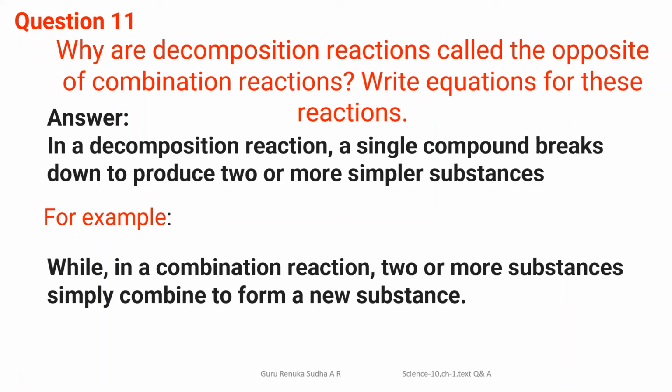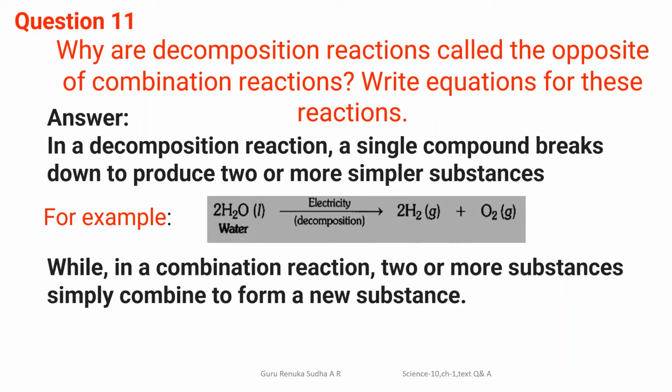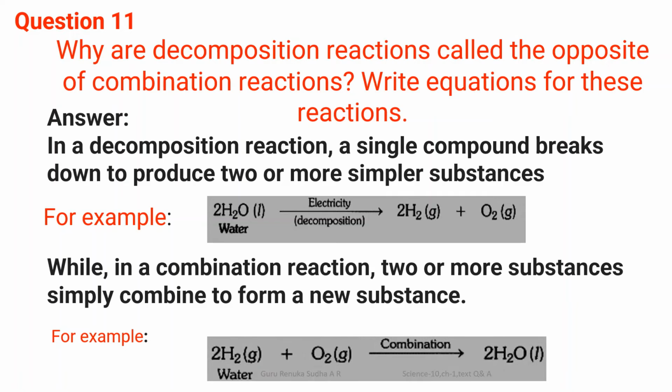With these equations you can observe that one compound gets split and forms two or more elements, but in the other, two or more elements combine and form a single new substance. So observing this, we can see they are opposite to each other.